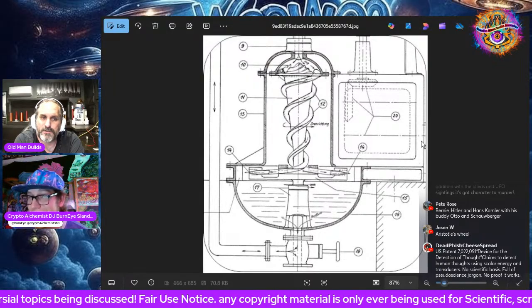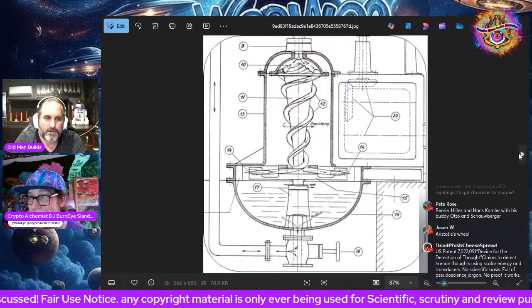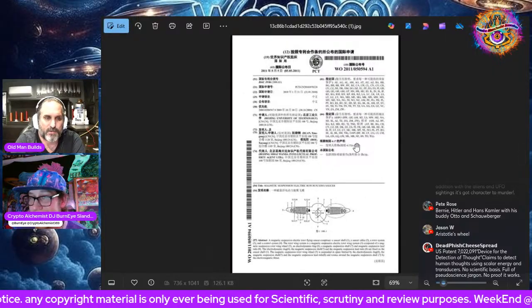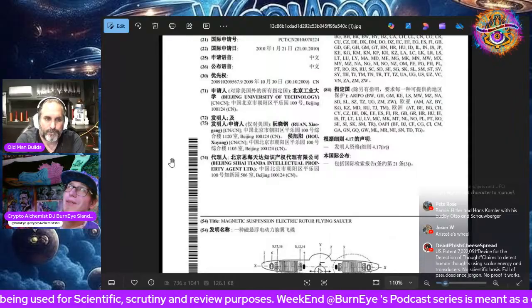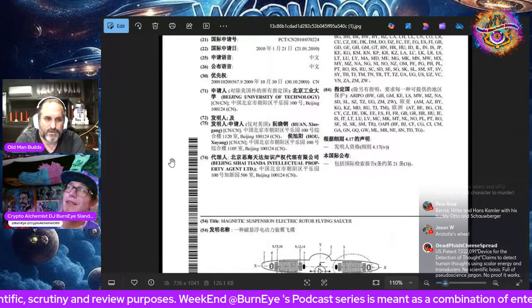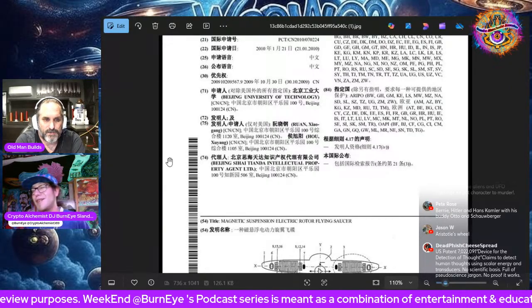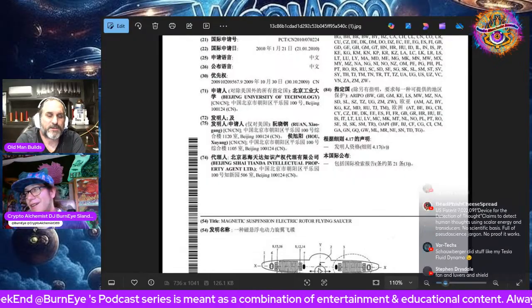Hold on, I think this is totally different than a turbine. Well, it's part of it, and then there's another count.